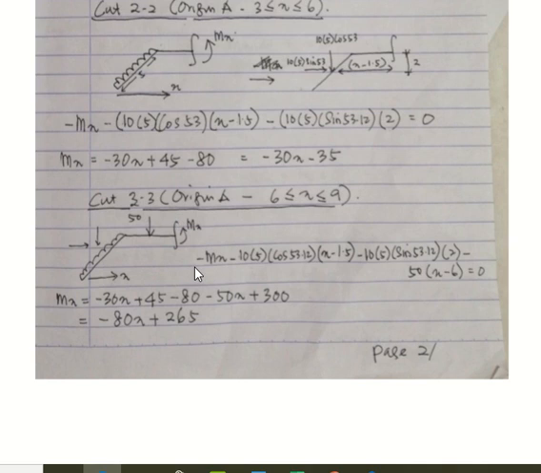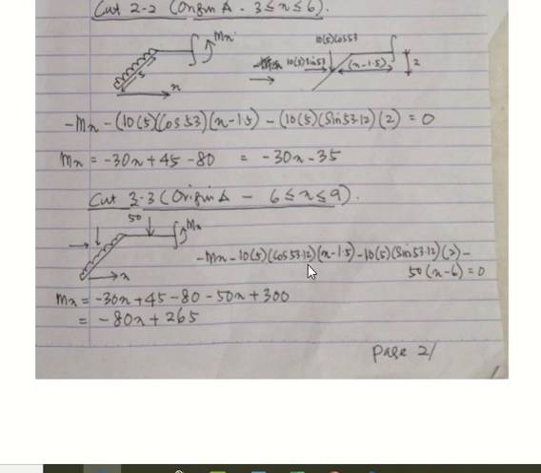Again, the principle is similar to cutting number 2 and cutting number 1. You take summation of moment at cutting number 3, and you consider clockwise moment as a positive value, so this is minus mx. Again, I resolve force in y direction, 10 multiplied by 5 cos 53.13.